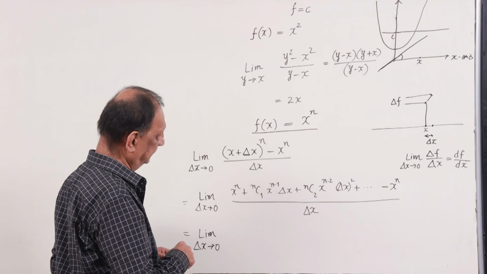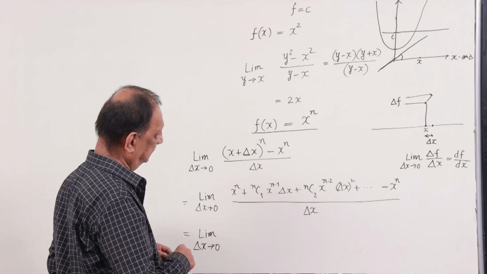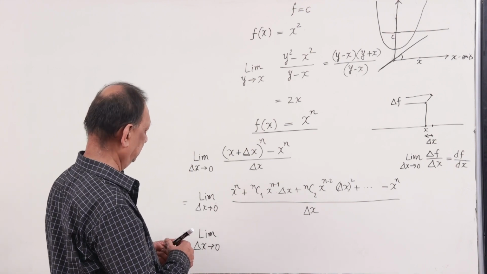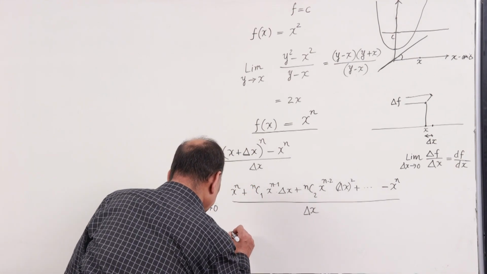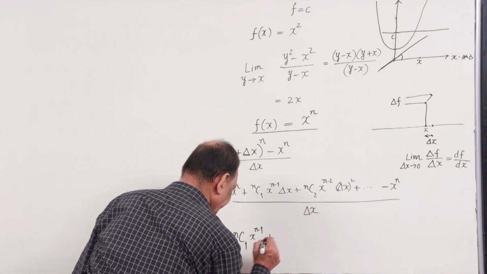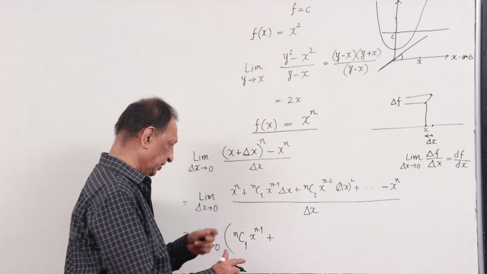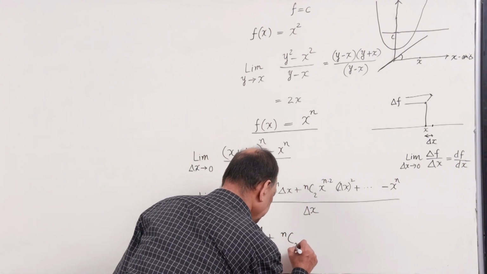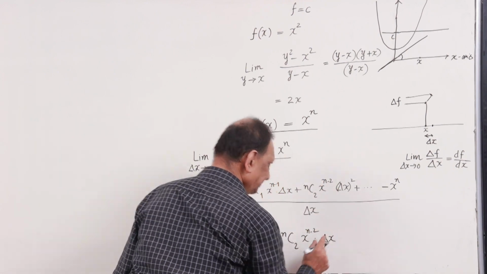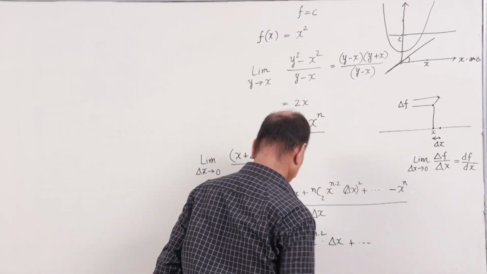It is nC1 x to the power of n minus 1 plus, nC1 x power n minus 1 is there, delta x divided by delta x is gone, plus nC2 x power n minus 2 multiplied by 1 delta x, of course, because out of the 2 delta x's that we had, one got cancelled, plus etc.